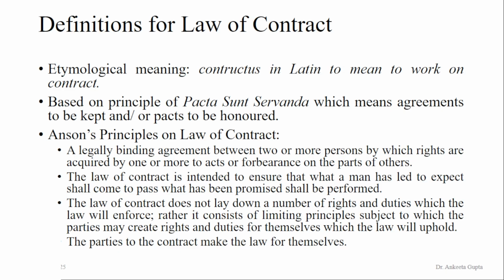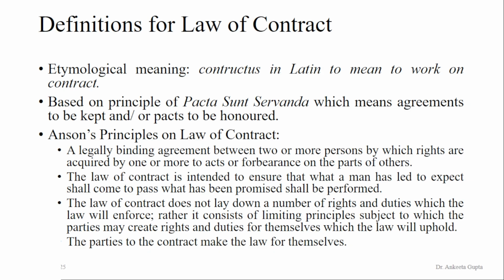But if I have indicated, I have led you to believe that no, I am going to protect your ships, or at least I'm not going to attack your ships, that is an agreement that I must adhere to. The law of contract does not lay down the rights and the duties, but it consists of limiting principles subject to which the parties may create rights and duties for themselves, which the law will uphold.